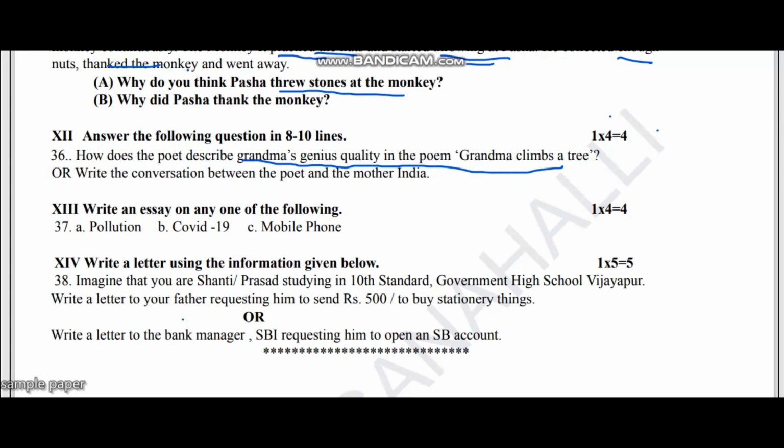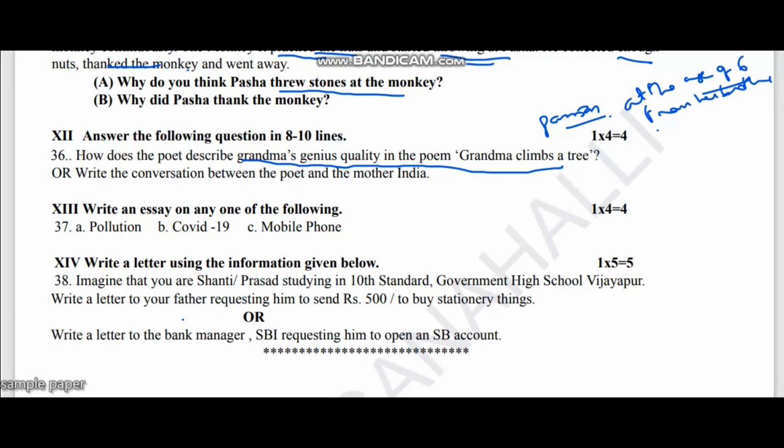In this, you will understand that Grandma had a passion for climbing trees and she had learned to climb the trees at the age of 6 from her brother. And every day she used to climb trees, and all the neighbors and family members, they had advised her to live gracefully, but she didn't agree.